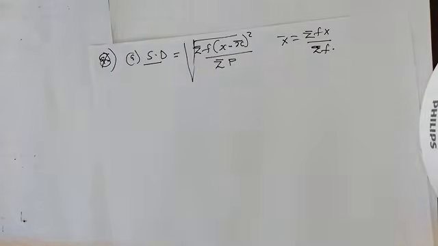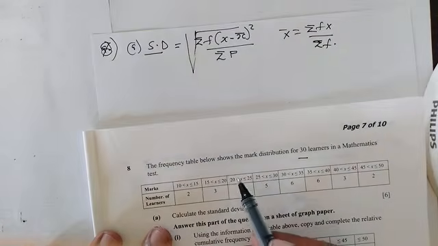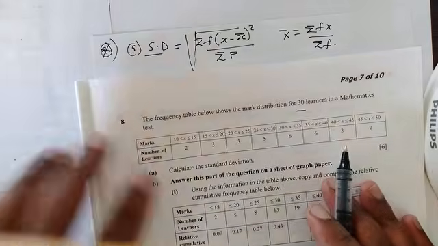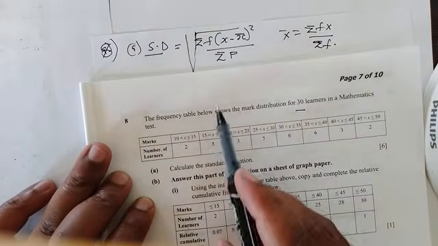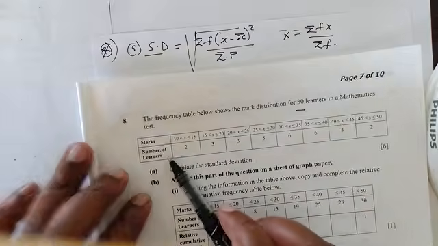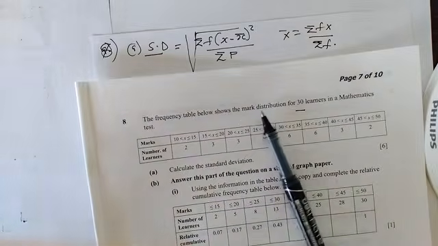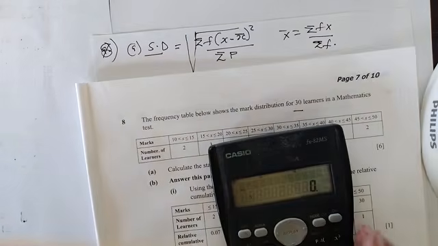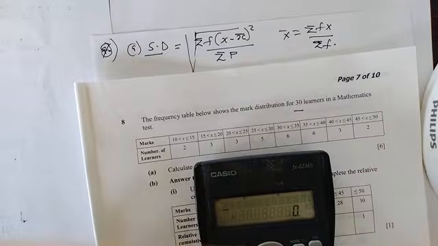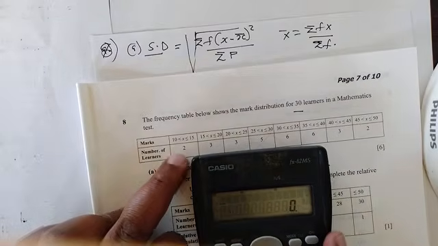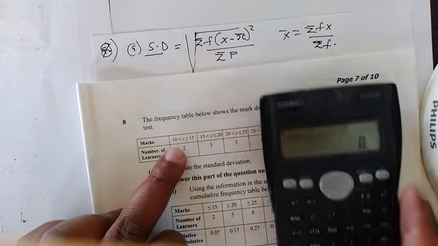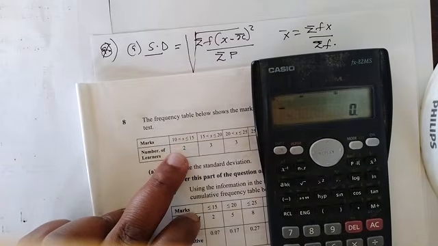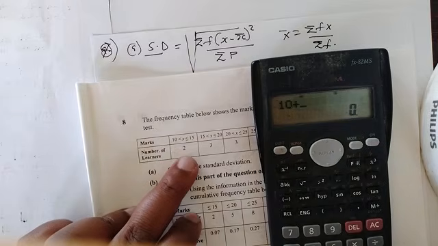Now, what is x here? X is the midpoint. Now, how do you get the midpoint? For each class, let's say 10 to 15, you say 10 plus 15, the answer is 25, divided by 2.